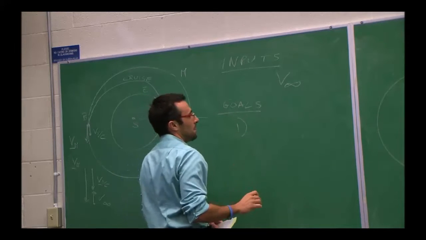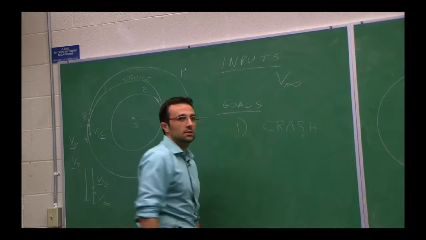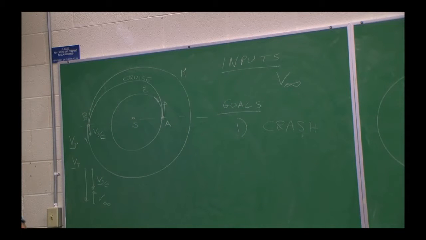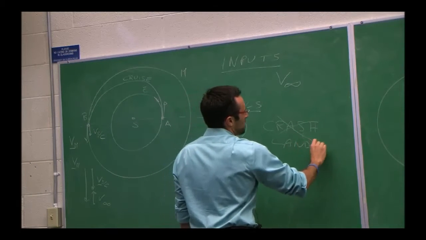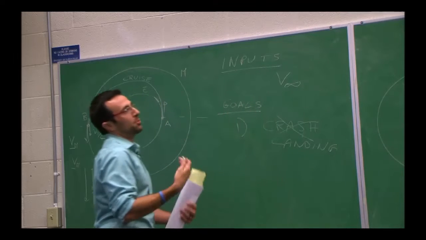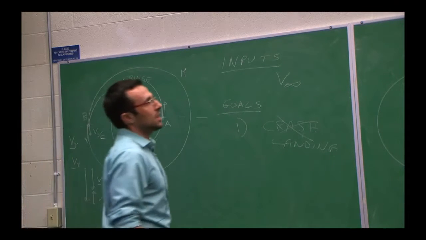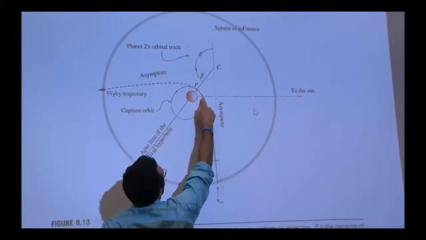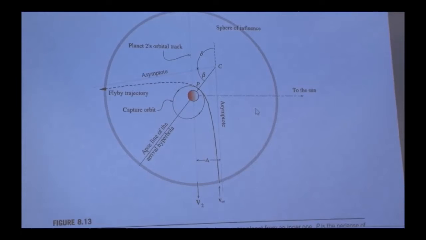First one, allow me to write this just to make it simple. You can crash with the planet if you want. Why not? In other words, you land on the planet. This is landing, which from our point of view, as an approximation to compute numbers, what you do here is that that point P will be where you may maneuver to stop this hyperbolic path and go maybe on an orbit around Mars.